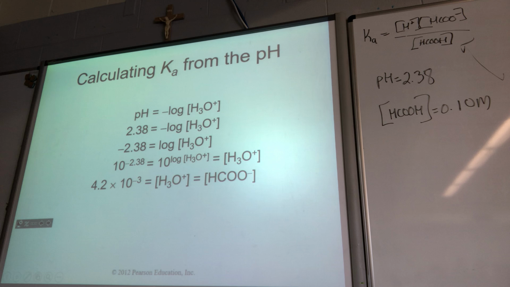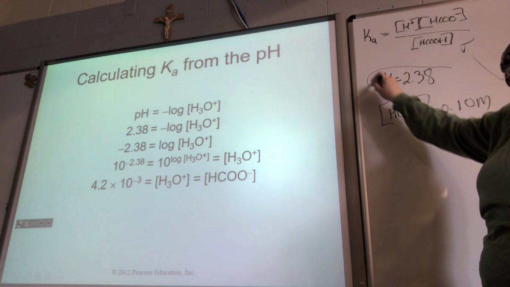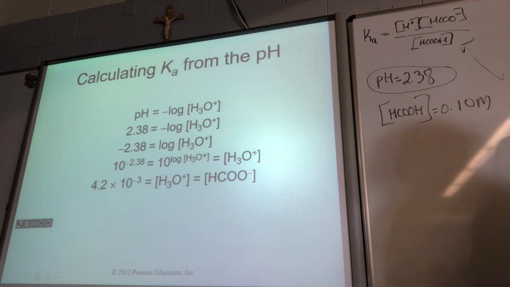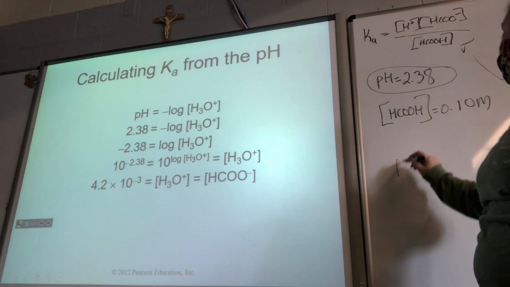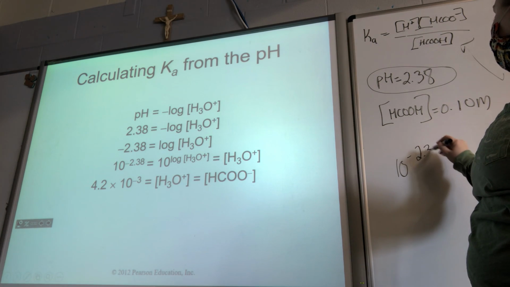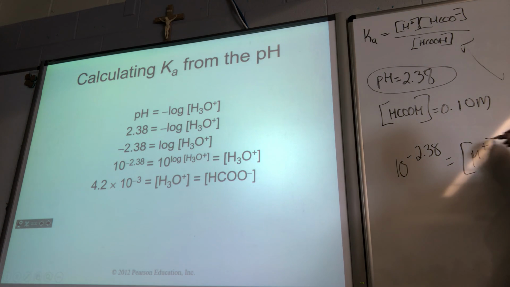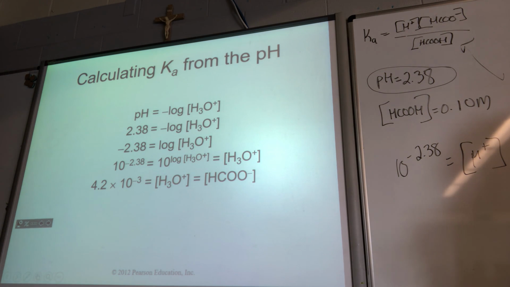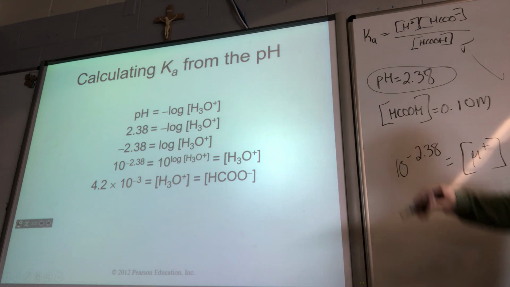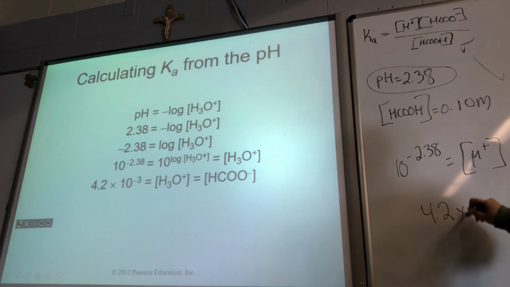In the particular case of the pH we're given, what can we do with pH? Get the concentration of H+, right? So let's do it. Up here, it looks like we've got 4.2 times 10 to the negative third.